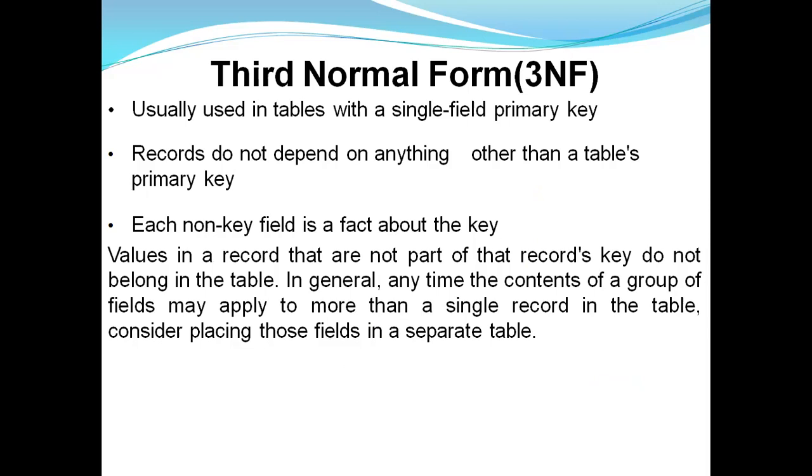Now, after the second normal form, the third normal form is usually used in a table with a single field primary key. मतलब यहाँ पे कंपोजिट प्राइमरी की अलाउड नहीं है. करेक्ट? और यहाँ का रूल क्या है? Simple rule that each non-key field must depend on primary key directly. Now directly is an important word. मतलब transitive dependency allowed नहीं है.